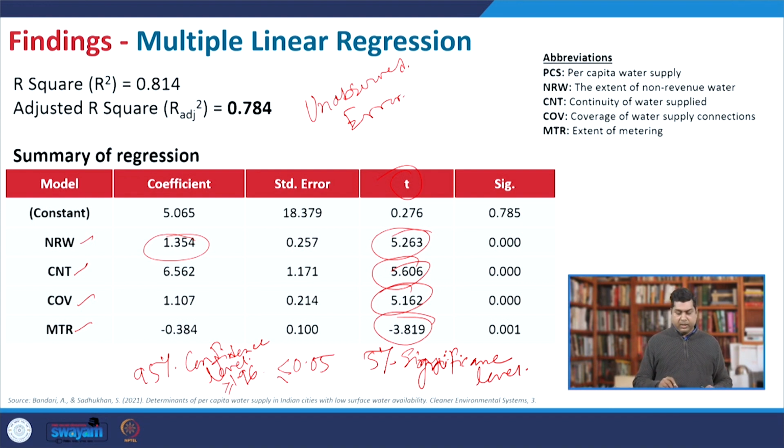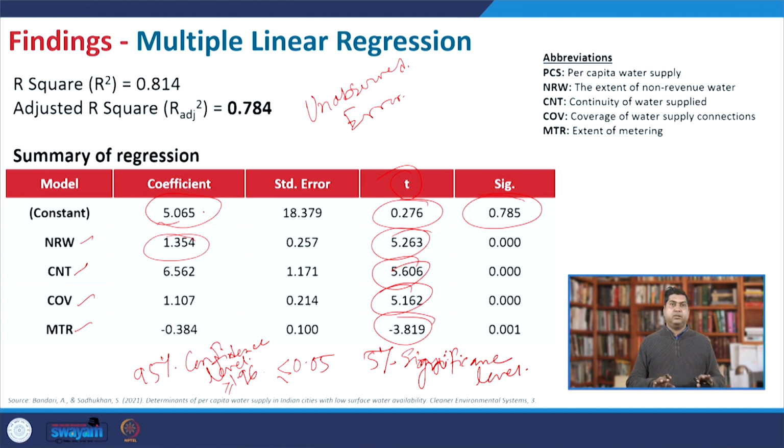But in this particular case, even if in this equation we got a certain coefficient, the t value or this significance value is not really meeting the criteria. So that means this particular value we cannot take.